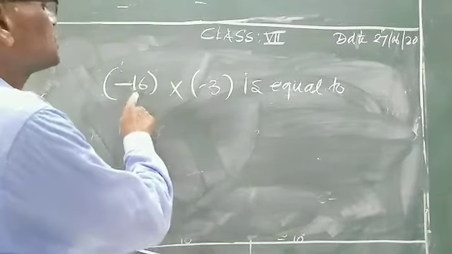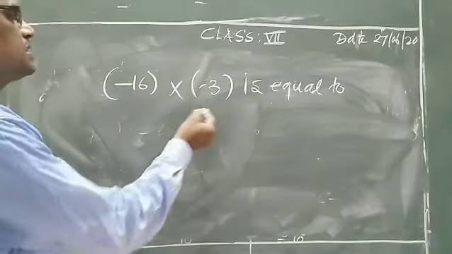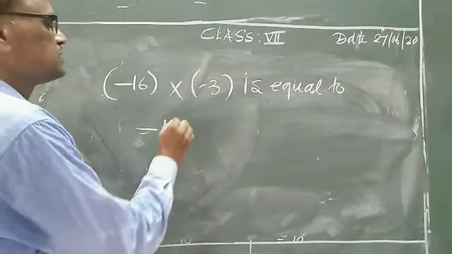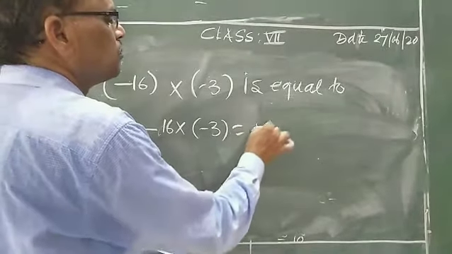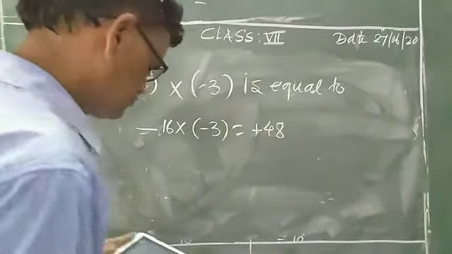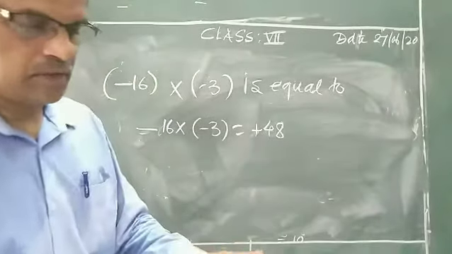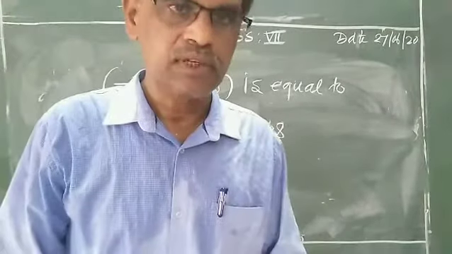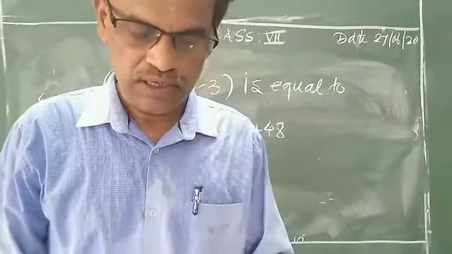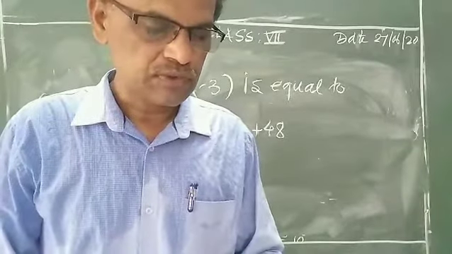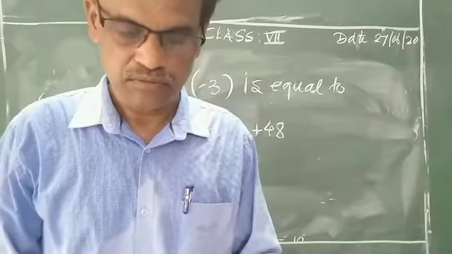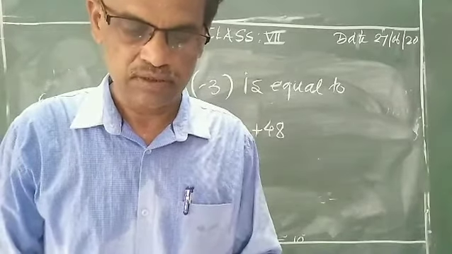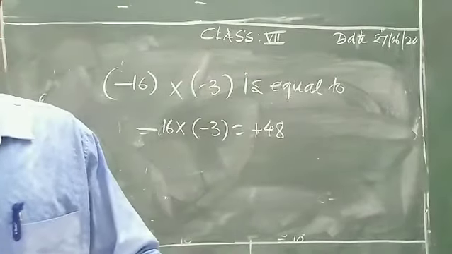So negative 16 into negative 3 is equal to positive 48. So dear students, today we have taken these problems, and the next problems we will take in another period. Thank you.